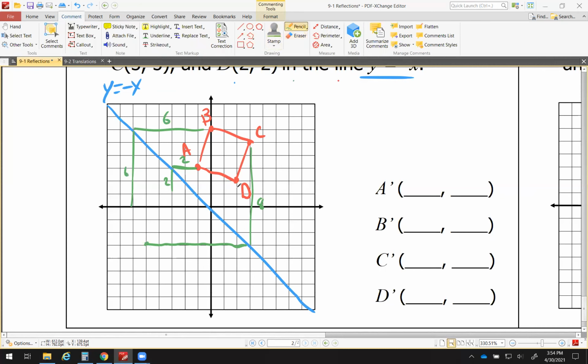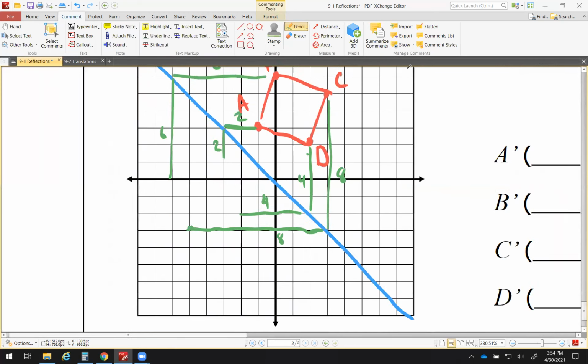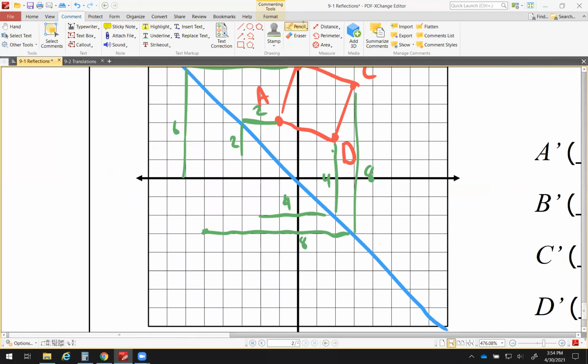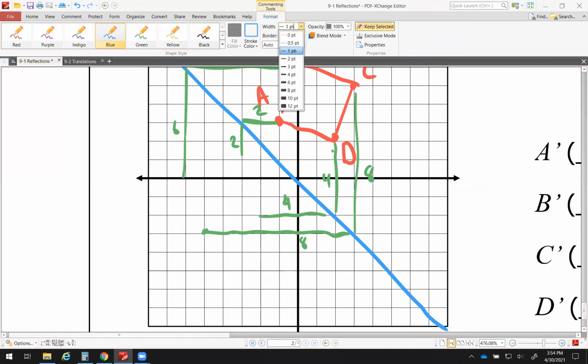And then D, I'm going to go down by 1, 2, 3, 4, and over by 1, 2, 3, 4. That's 4, 4, 8. Got everything labeled there. And the endpoints of all of these green lines is where our points are. That's A prime. This right here is B prime.